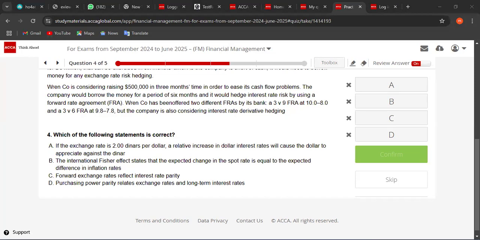We are saying that in the given scenario, the rate is, for example, 2 dinar per dollar. And if the interest increases in the dollar, that currency will depreciate, not appreciate.